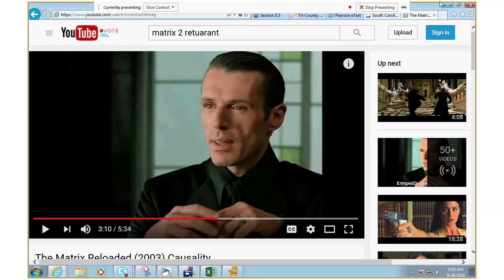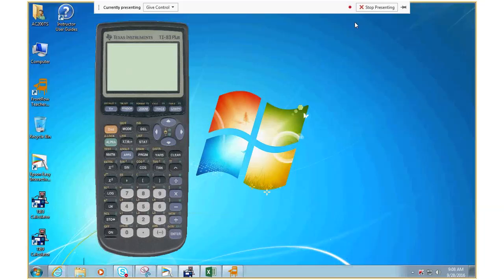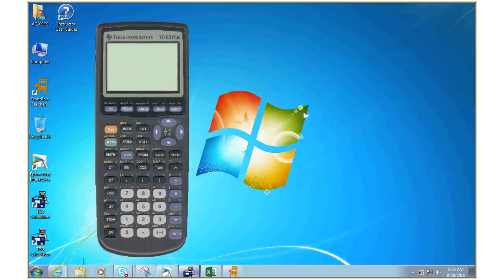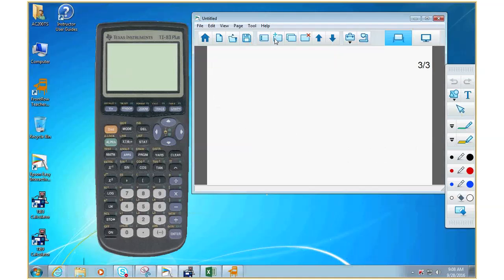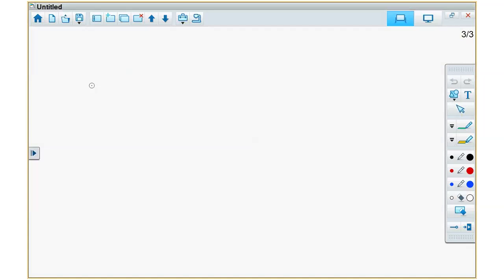Now, what does that have to do with correlation? Correlation is the same. I'm just going to go through this quickly, because you already know how to do regression.